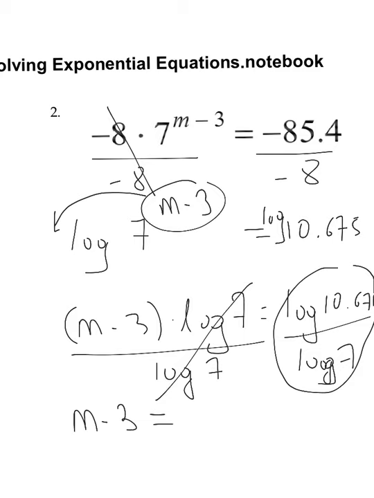So this is equal to 1.217, in other words, 1 and 217 thousandths.